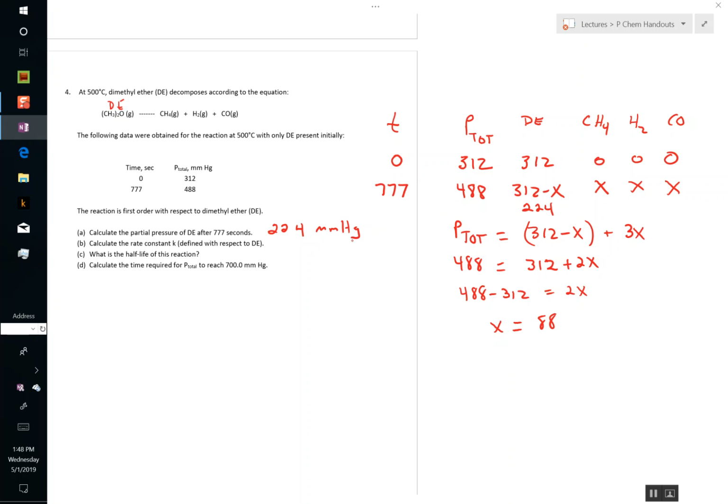As you approach getting K, can you get them all turned into moles or molarity? The reaction is first order with respect to dimethyl ether. So are we allowed to put pressures in for concentration?